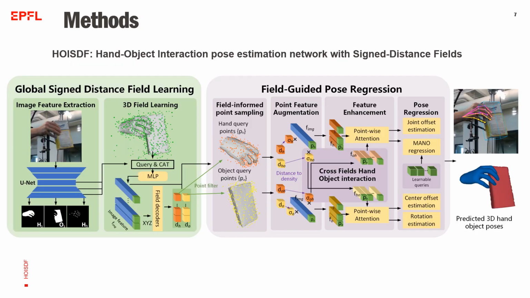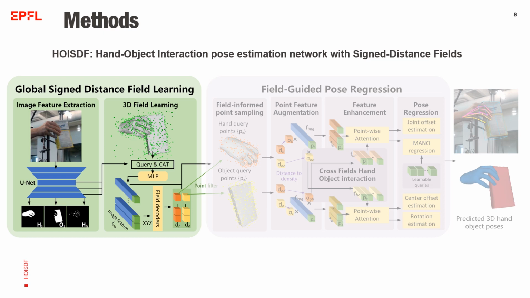To effectively take advantage of SDFs, we introduce HOISDF, a hand-object interaction pose estimation network with signed distance fields, which uses SDFs to guide the 3D hand-object pose estimation in a global manner. HOISDF consists of two sequential components: a module learning to predict the signed distance field for the hand and object, and a module that performs pose regression that is field-guided.